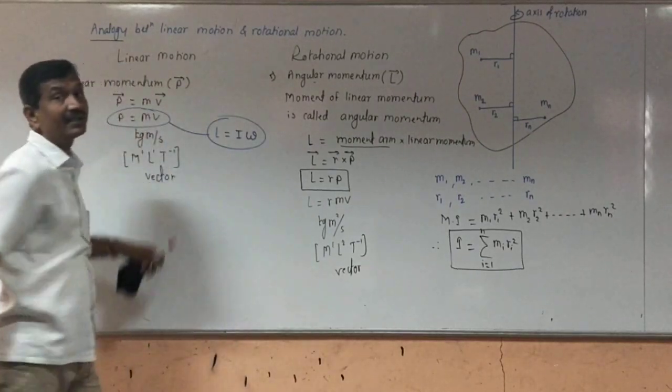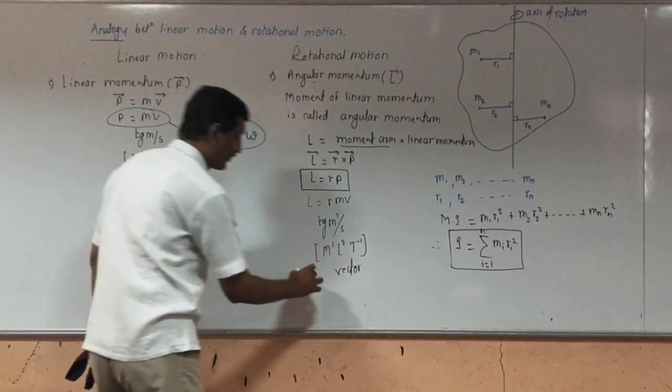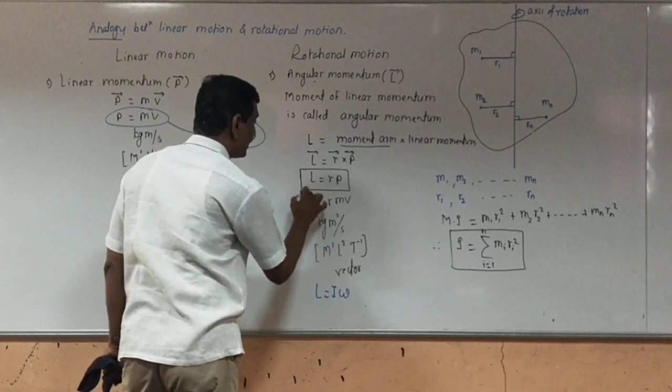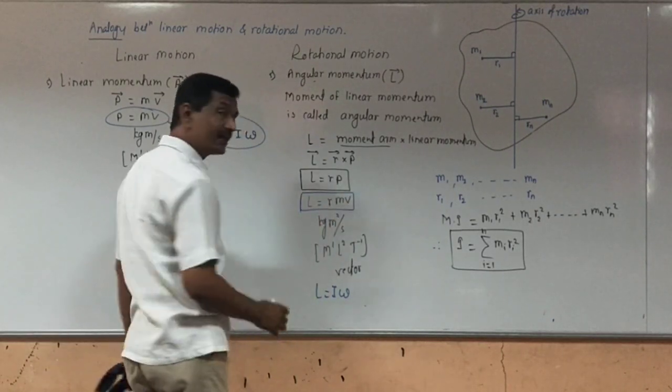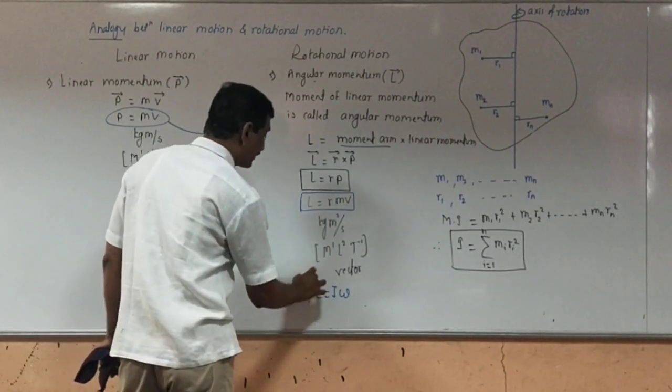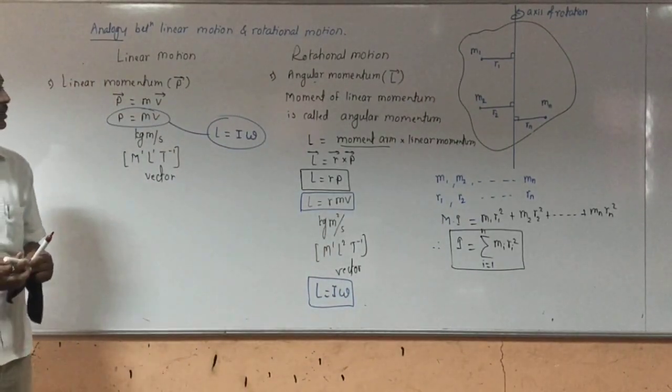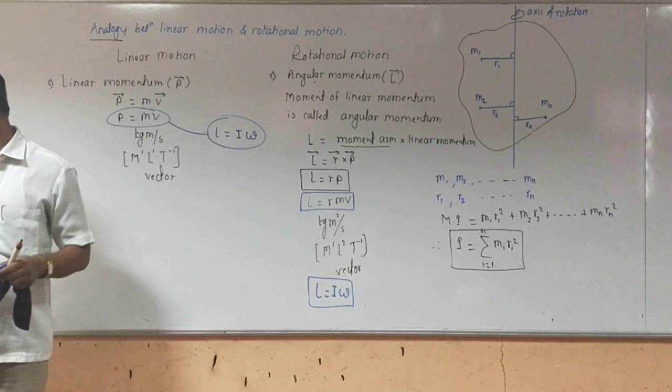Thus we get L is equal to I omega. So we get two formulae of L: L is equal to Rp, or L is equal to Rmv, and L is equal to I omega. So this is the discussion about the angular momentum.